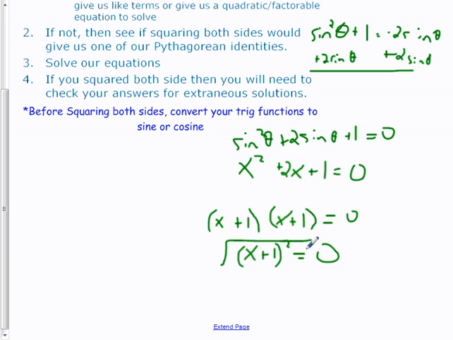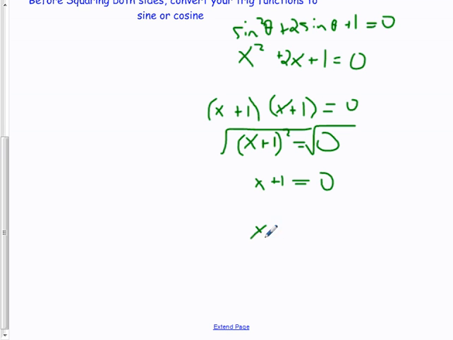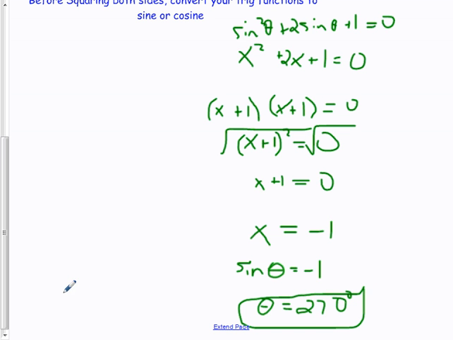When you solve, we take the square root, so you get x plus 1 equals 0. So x would equal negative 1, which means that sine of theta equals negative 1, which hopefully you remember. Therefore, theta would equal 270. So that's what we're doing here.